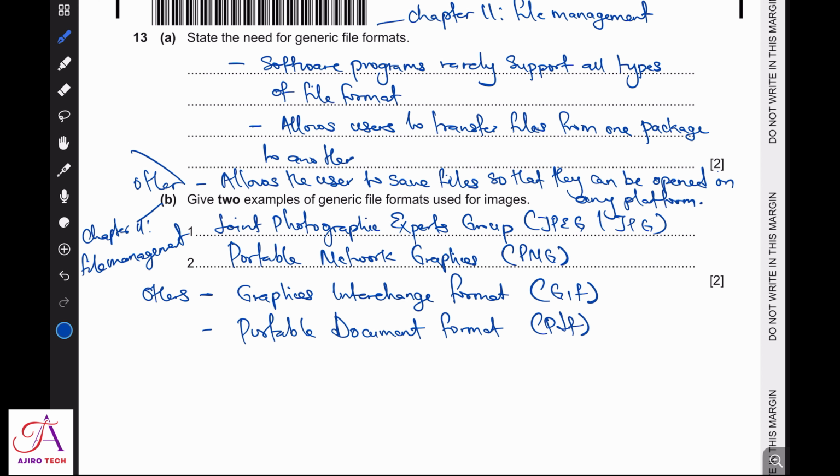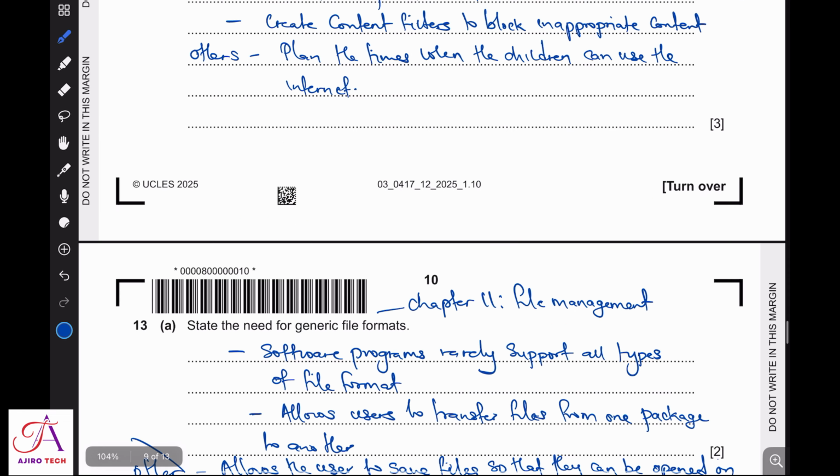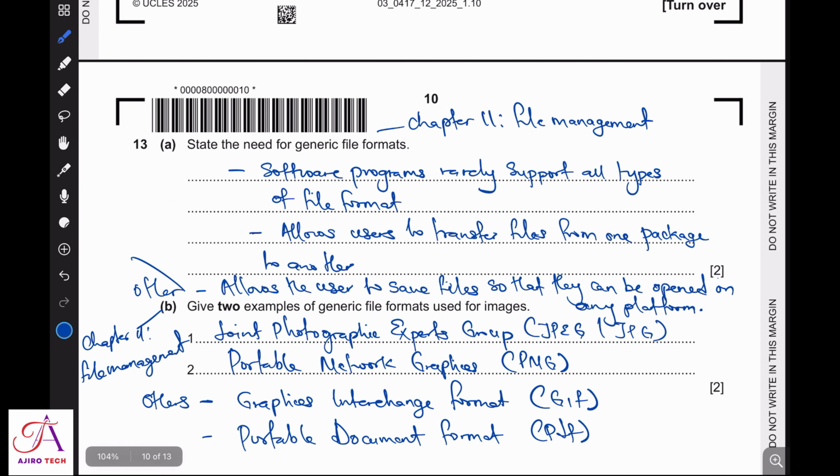Right, I guess this is the end for this paper. I think it's been fairly interesting. It's just for you to understand the concept, and then most of them you just have to apply what you know.